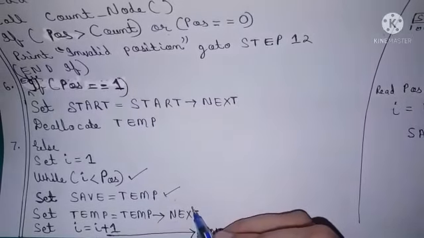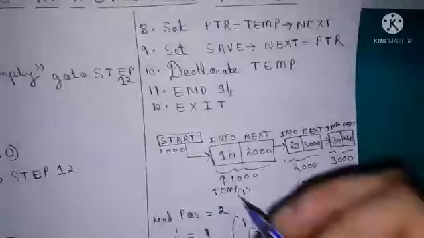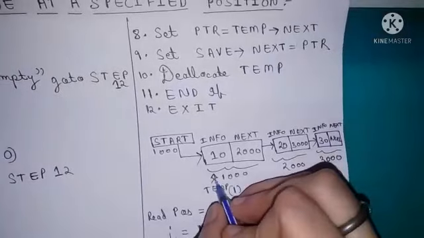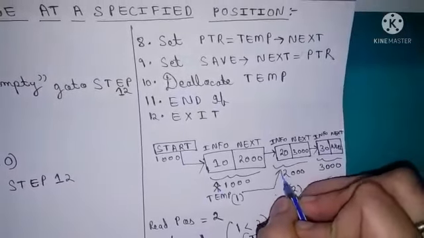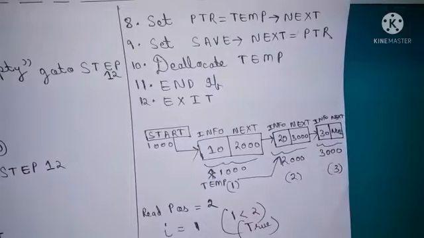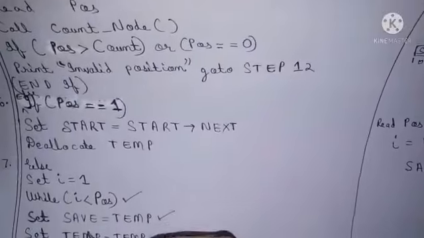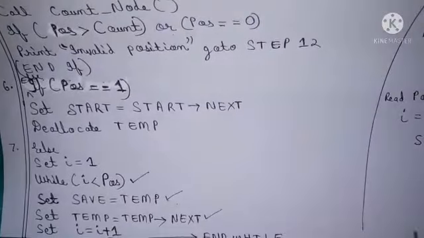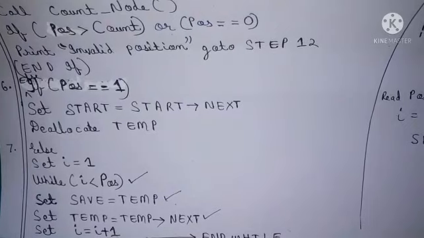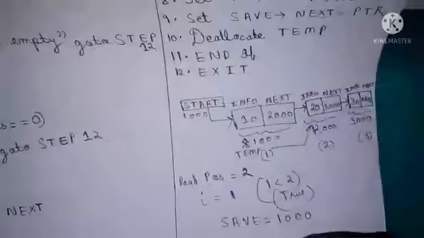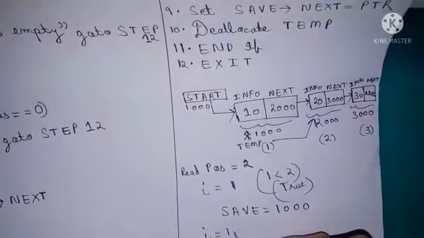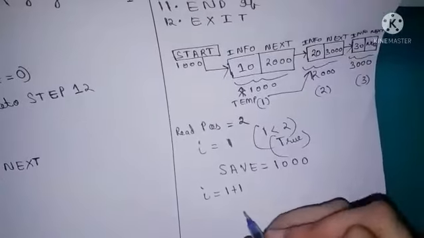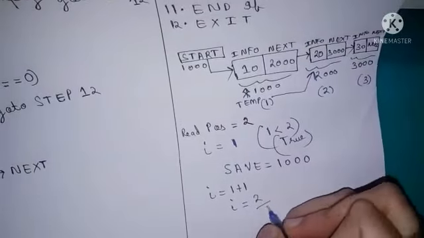After that, set temp is equal to temp next. Then temp will now point to the next node, that is the node whose address is 2000. Then set i is equal to i plus 1. So now i is incremented by 1, and now i will be 2.